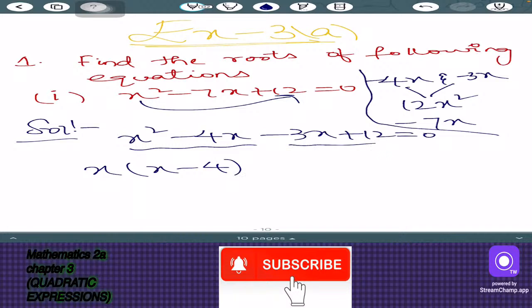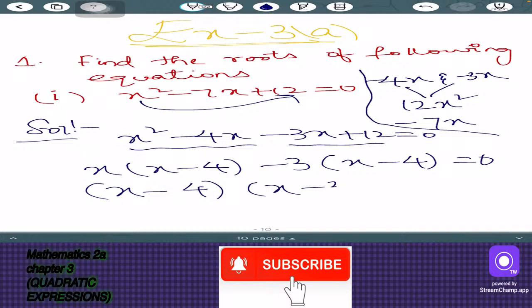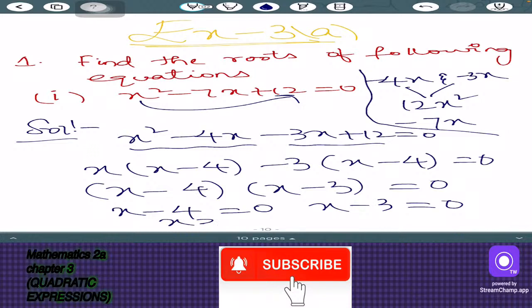From here, if you take minus 3 as common, then x minus 4 again will be there. So what are the two commons? x minus 4 over here, and x minus 3 is the remaining part. So equate each bracket to 0, you will get x minus 4 is equal to 0 and x minus 3 is equal to 0.